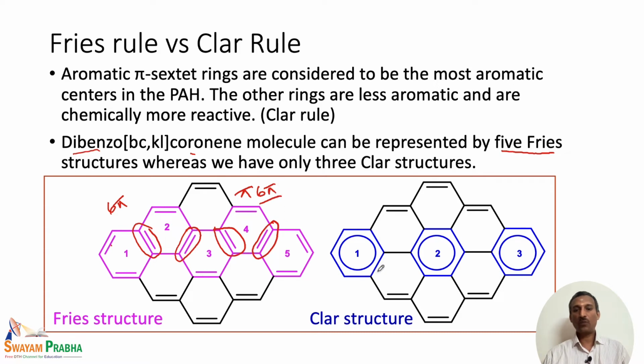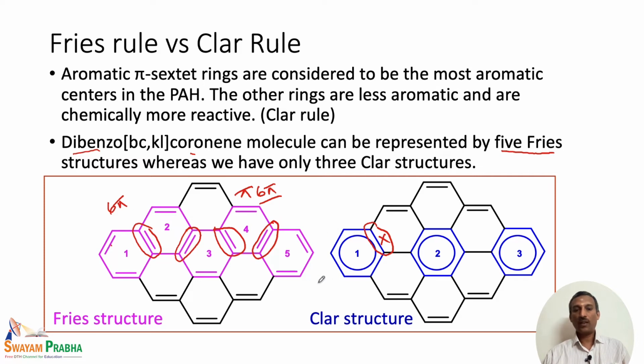Whereas when we talk about the Clar structures, we are only considering the pi electrons associated with that particular ring only, and we are not considering the bonds which are connected to 2 rings. We are only taking that pi electron for any one of the rings, not for both the rings.